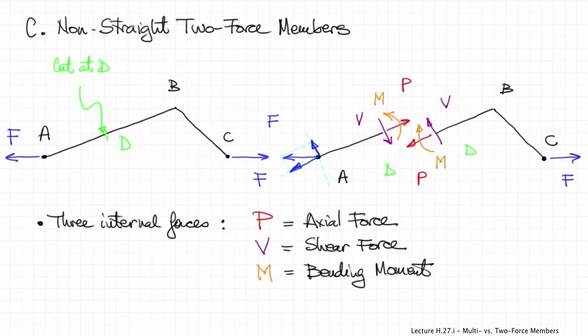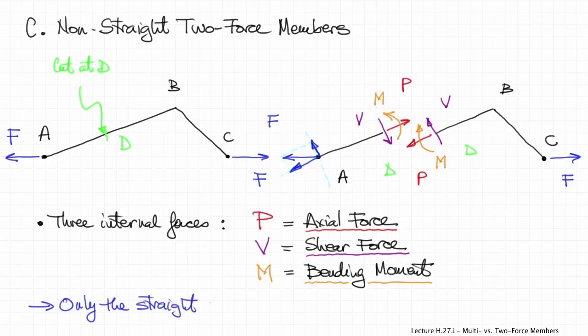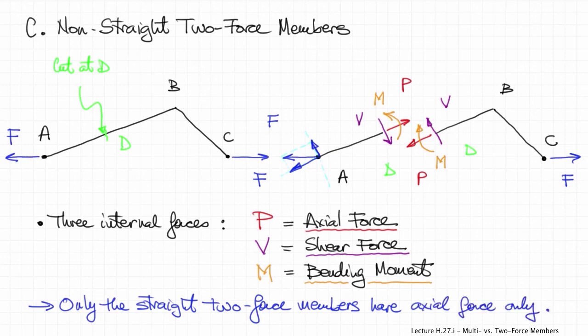So even though they are both two-force members, from an external point of view they're similar, but internally, the straight member again has only axial force, whereas the non-straight two-force member has three internal forces: again, the axial force, the shear force, and the bending moment.